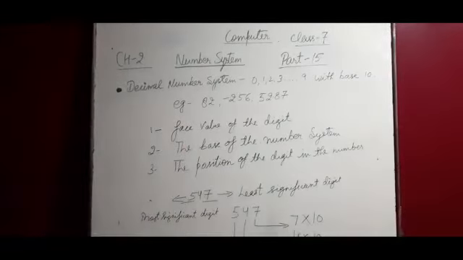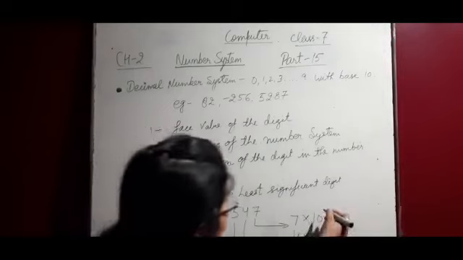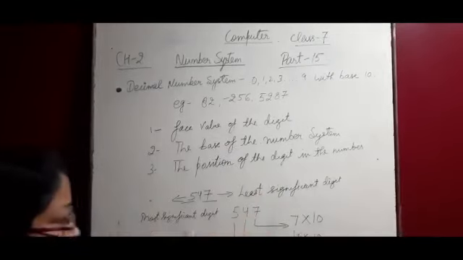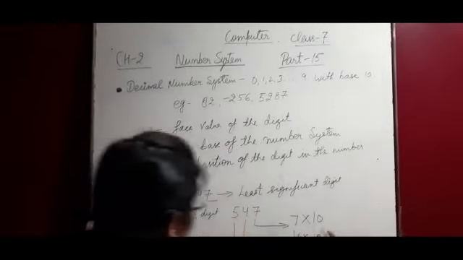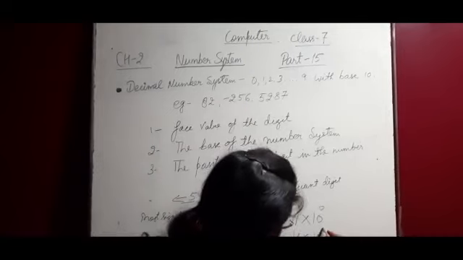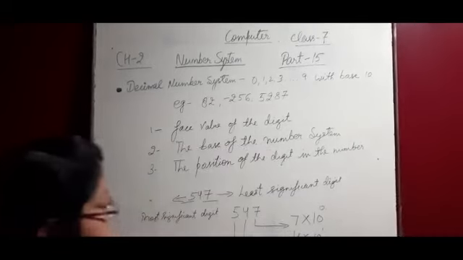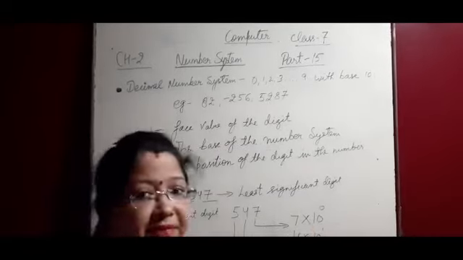Now we have to give the units, tens, hundreds like this, that is, we have to give the power. For units we give 0, then 1, then 2. We give this power to the base number.